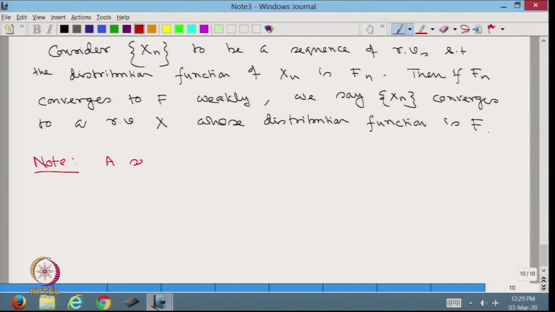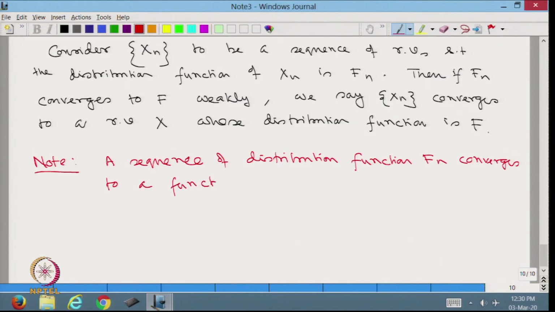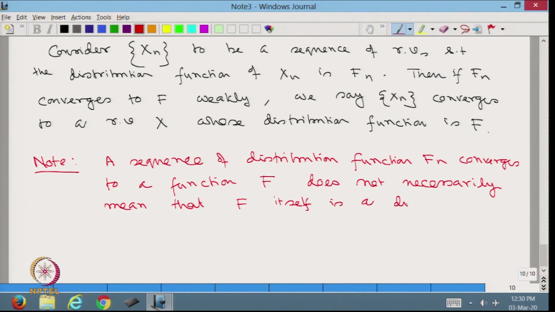Note, a sequence of distribution functions Fn converging to a function F does not necessarily mean that F itself is a distribution function.